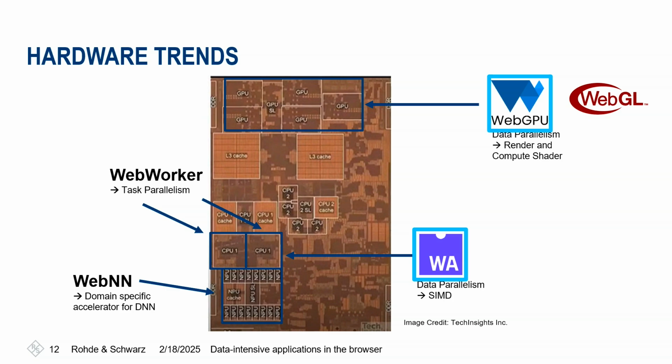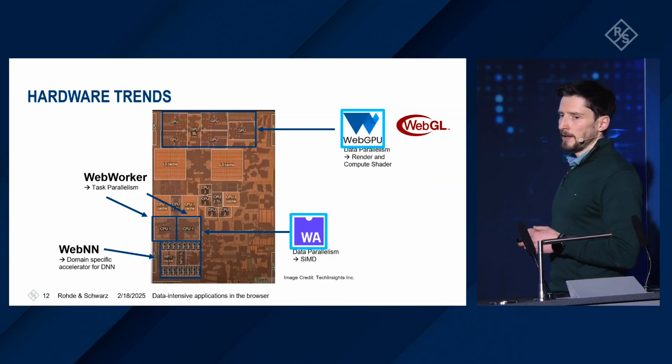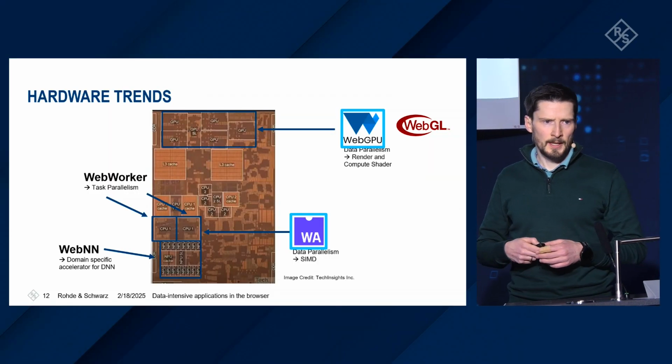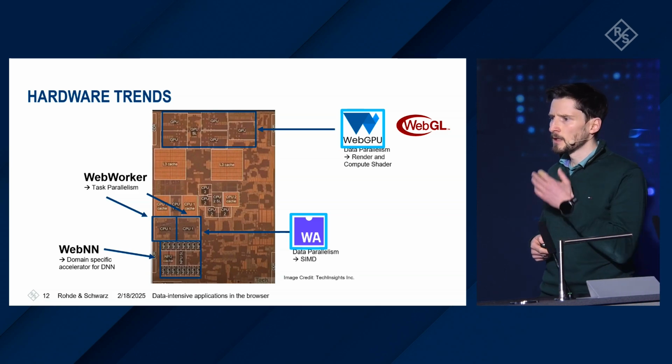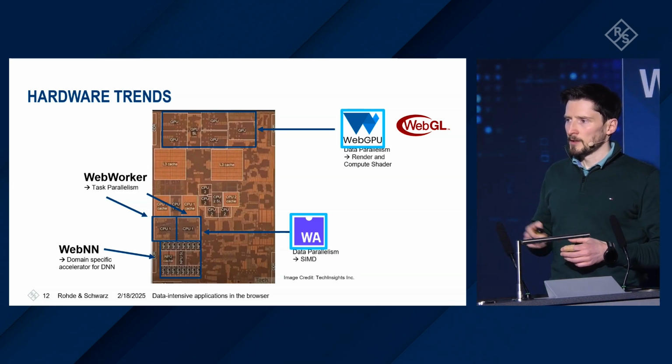And if you want to do this also in data-intensive applications, you need specialized hardware. And NPUs or TPUs are the right hardware. And there is this upcoming standard. It's not a standard yet, but it's very promising, and I think it has to arrive, and it will arrive. This is the WebNN standard, where you can run inference of deep learning models on such an NPU.